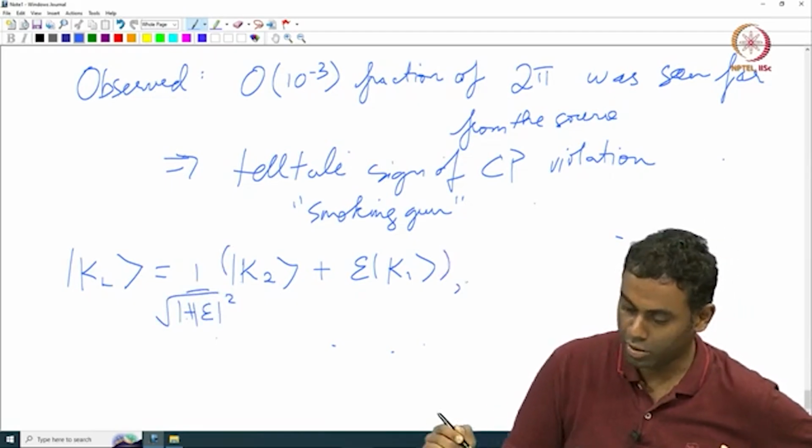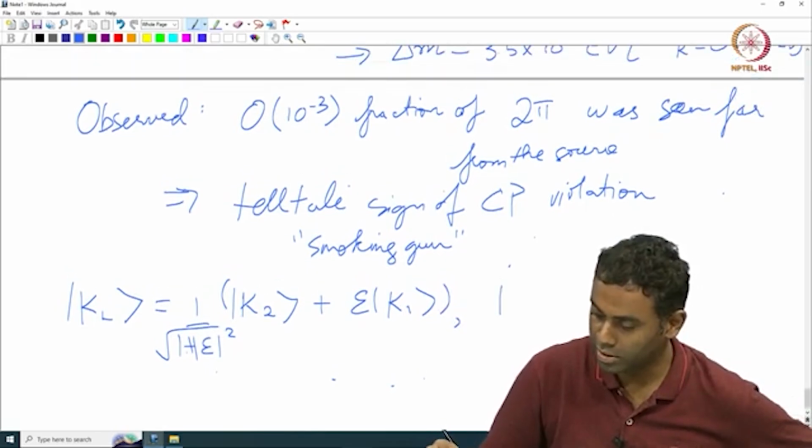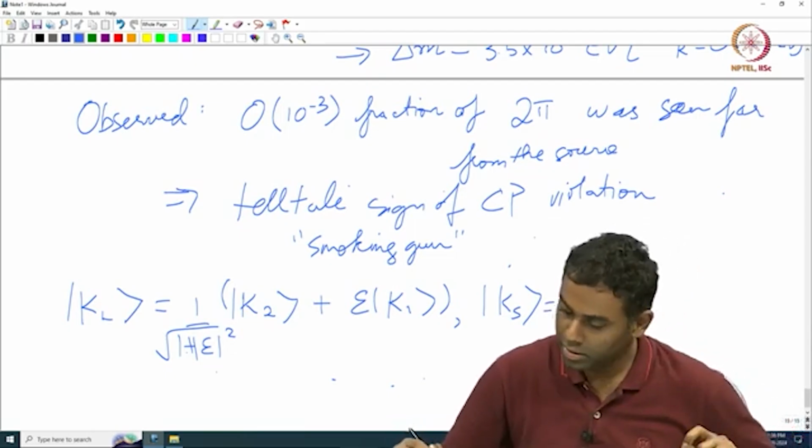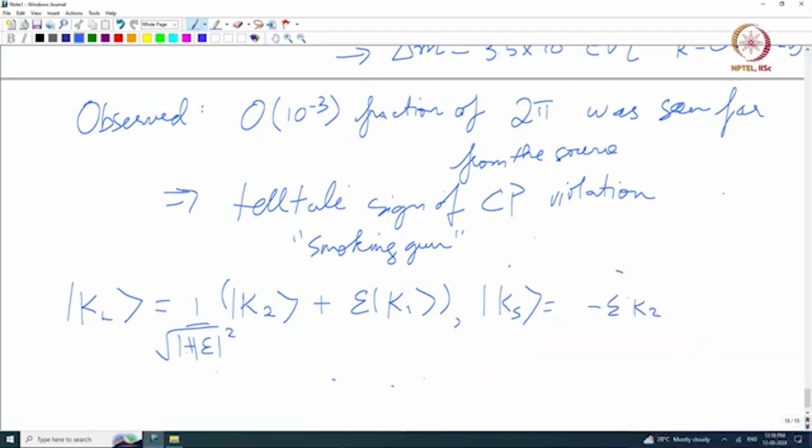And there is a short-lived state, so I am going to call it K short, Ks. That would be the orthogonal combination, again normalizing it correctly. Okay, so now you can work with these two eigenstates, something that's long lived and something that's short lived.